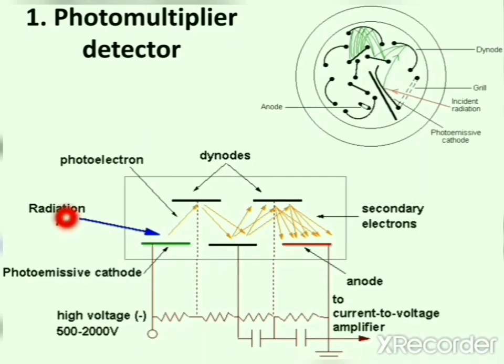When the radiation coming from the sample strikes the first photoemissive cathode, it results in generation of electrons. These electrons are attracted by the diodes, which are fixed each with increasing potential. So the electron strikes the first diode, which causes multiplication of electrons. Then these are attracted by the different diodes, which causes further multiplication.